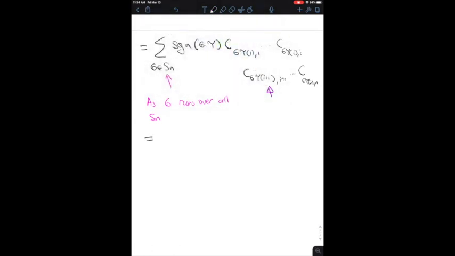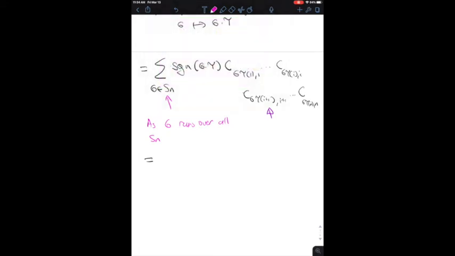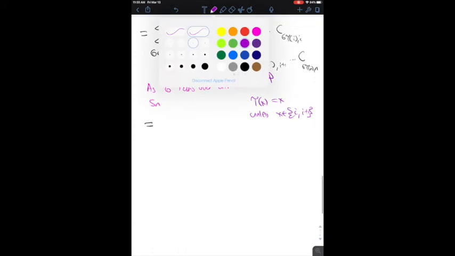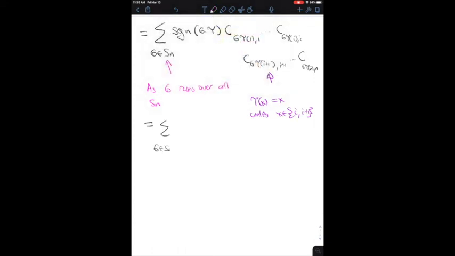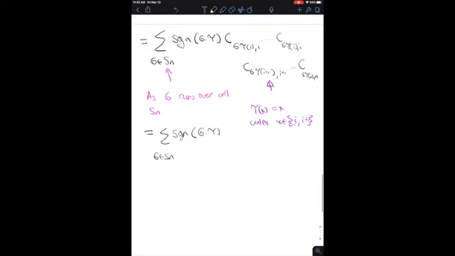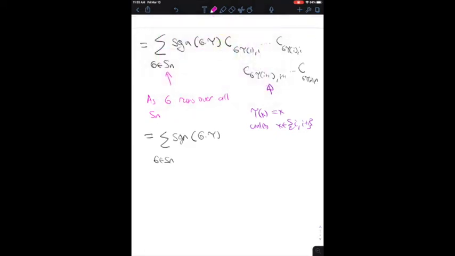Okay, and now we can rewrite this. Tau fixes all elements other than i or i+1; tau x equals x unless x is i or i+1. So this is the same as the sum over the sign of sigma times tau of, where the first term is unaffected by tau since tau fixes 1.